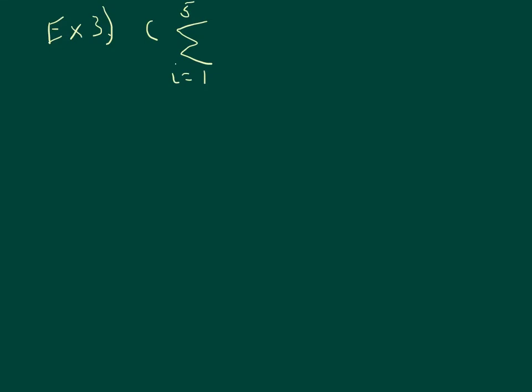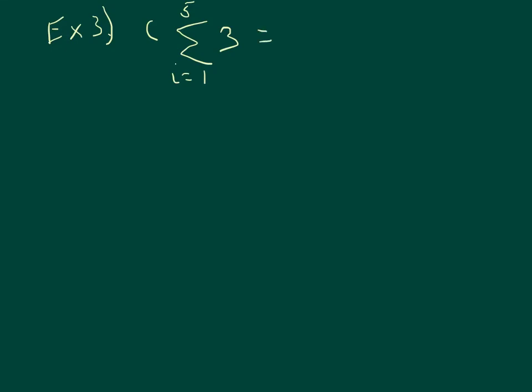Index of 1, upper limit of 5, of 3. So we're not plugging in i anywhere. There's no i to plug into, which means the i doesn't affect the term at all, but there still are 5 terms. We still have to go from 1 to 5.